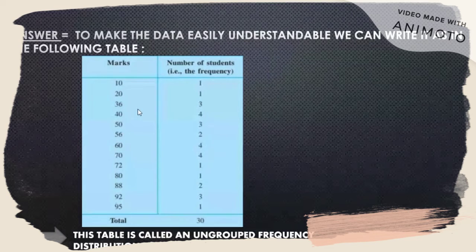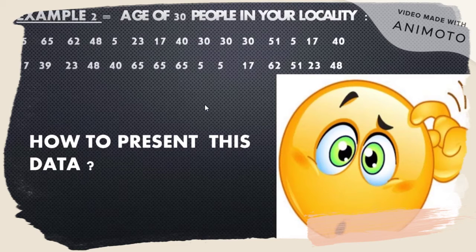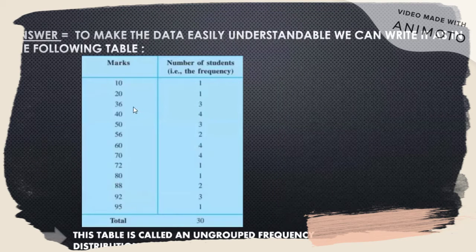It means that 36 marks were obtained by 3 students. In the same way, 40 marks were obtained by 4 students out of 30.